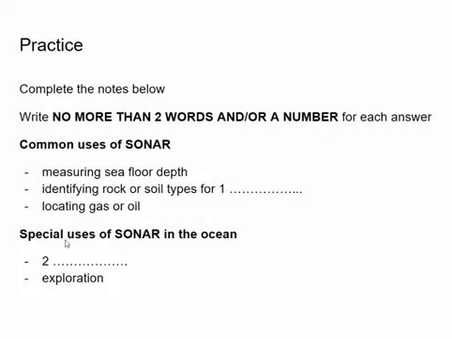All right, so we can expect that the discussion is going to surround in some way the normal uses of this thing, sonar. Whether you know what sonar is or not, we will have to listen for that from the discussion. Secondly, then, special uses. Okay, interesting contrast there. Common uses and special uses of sonar, and key information there, in the ocean.